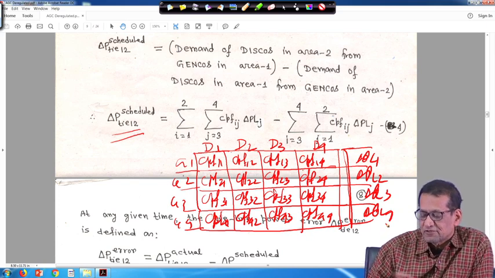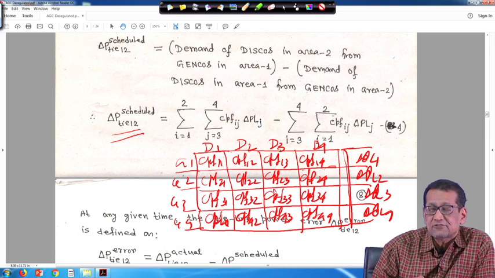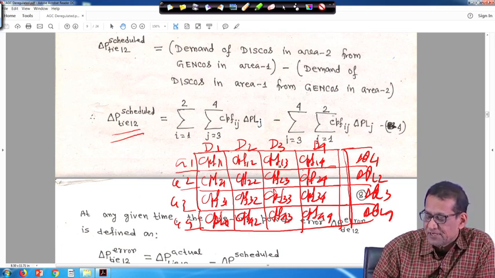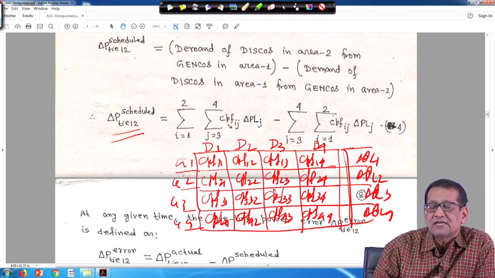Disco 3, in area 2, has contact with the generating unit in area 1, that is Cpf 13 multiplied by delta PL3. So the first term is Cpf 13 delta PL3.